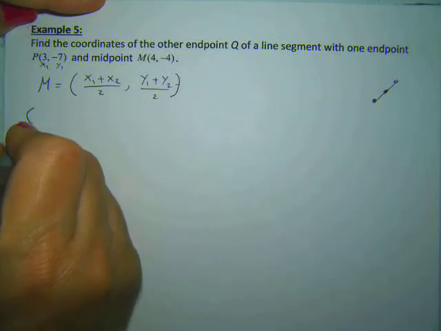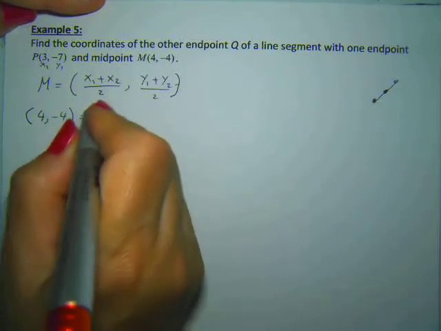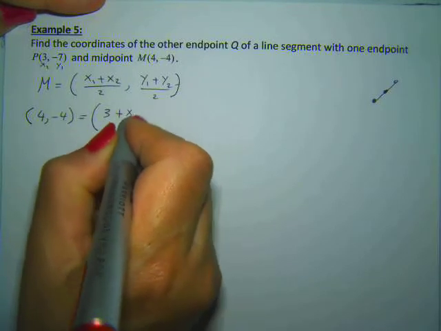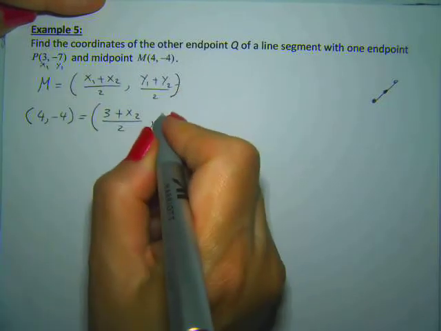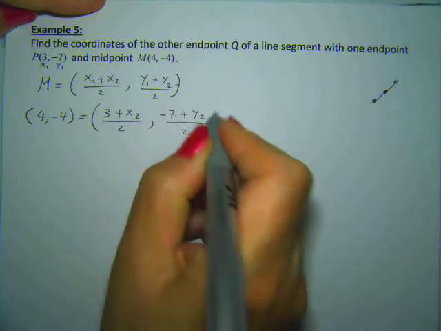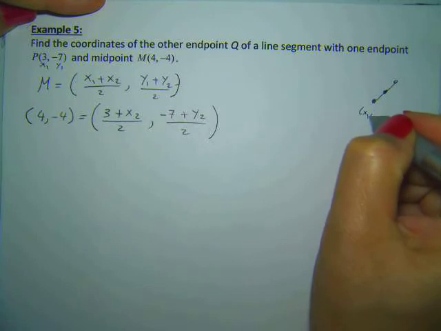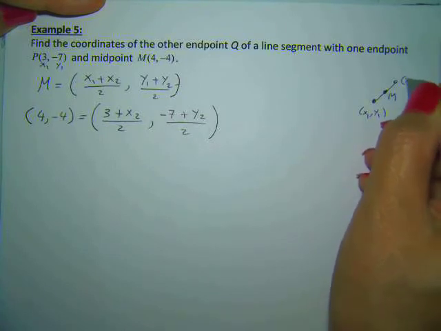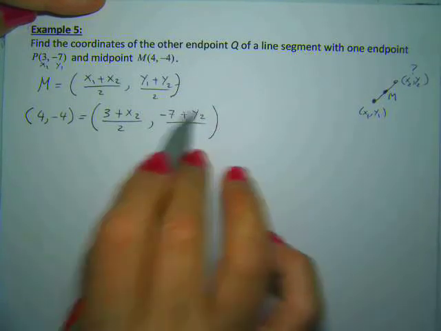So let's see, the midpoint, which is (4, -4), is equal to: the x1 is given, 3, the unknown is the x2, over 2, and the y1 is -7, plus the second point we don't have. So again, we have the (x1, y1) and the midpoint, but this is the (x2, y2) that we need, the unknowns.